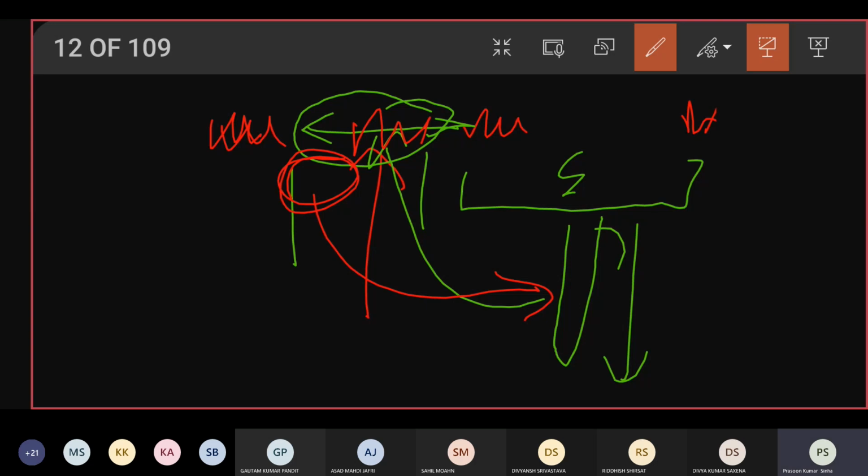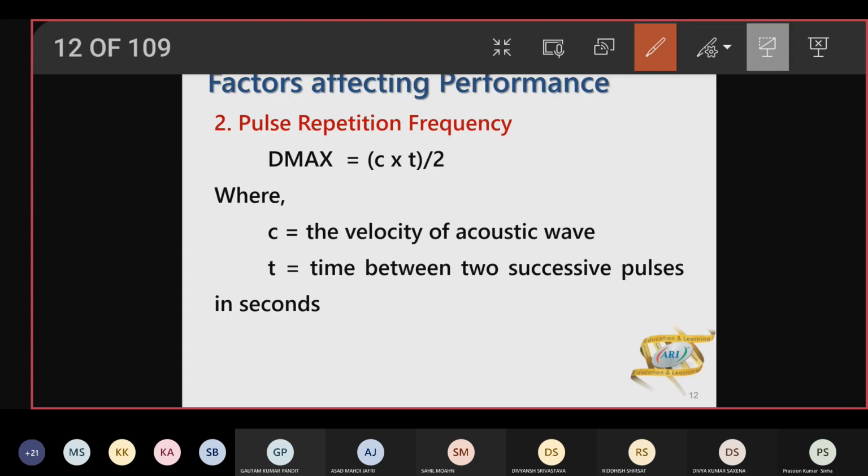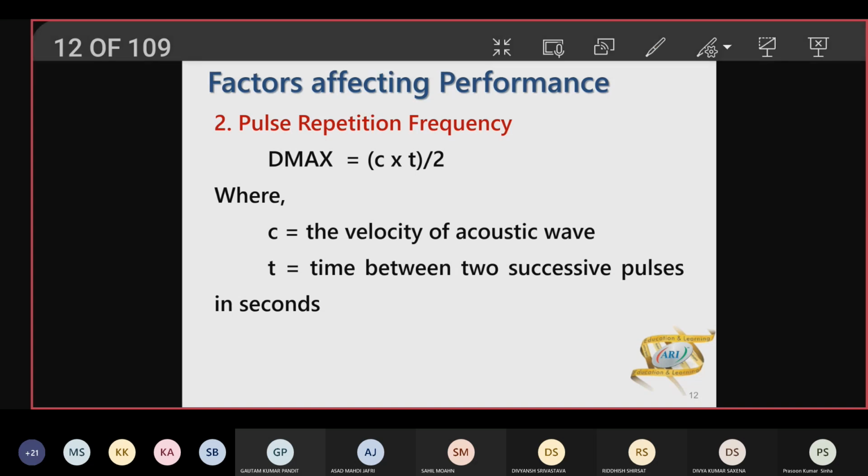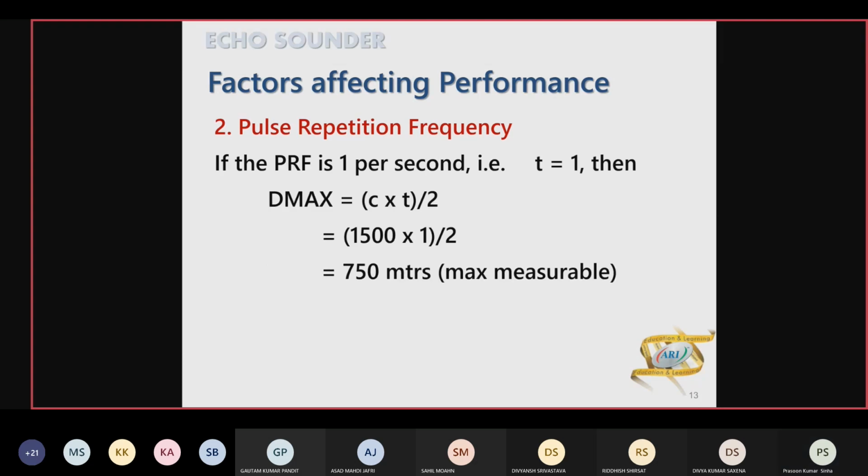So the maximum depth that you can read with a given PRF is decided by the time between two consecutive pulses. Next. Example, every second there is a pulse. एक second का pulse repetition frequency है 1. Every second 1 pulse.